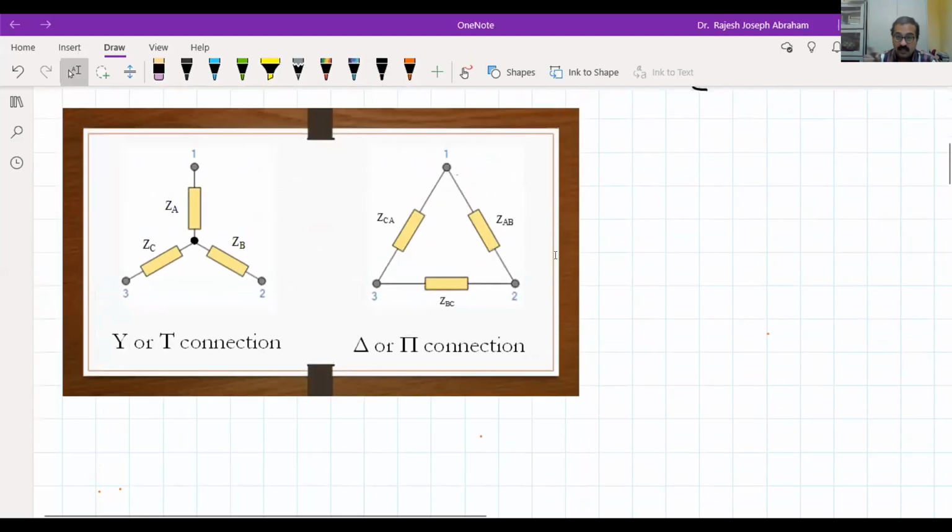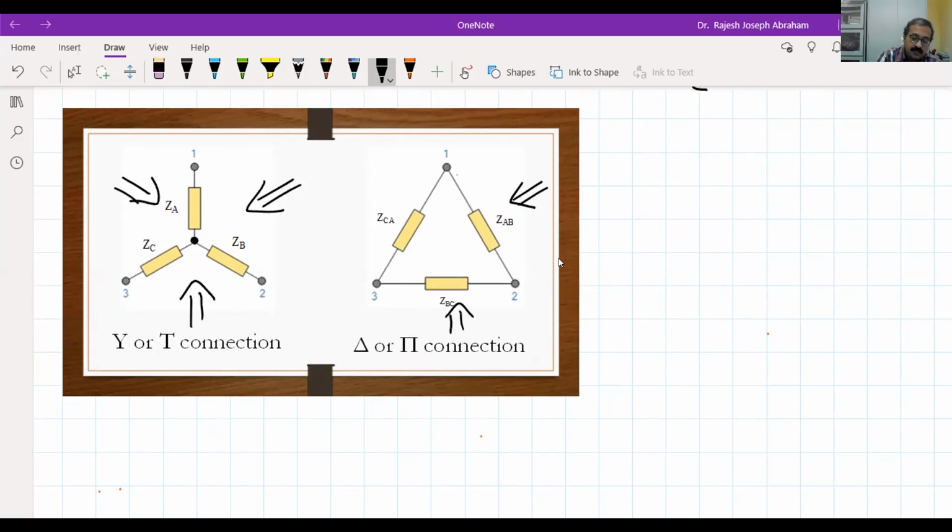It means that if the impedance seen between terminals 1 and 2 in star is equal to the impedance seen between terminals 1 and 2 in delta, and impedances between 2 and 3 in star and delta are the same, and if the impedance seen between terminals 3 and 1 in star is equal to the impedance seen between terminals 1 and 3 in delta, then they are equivalent.